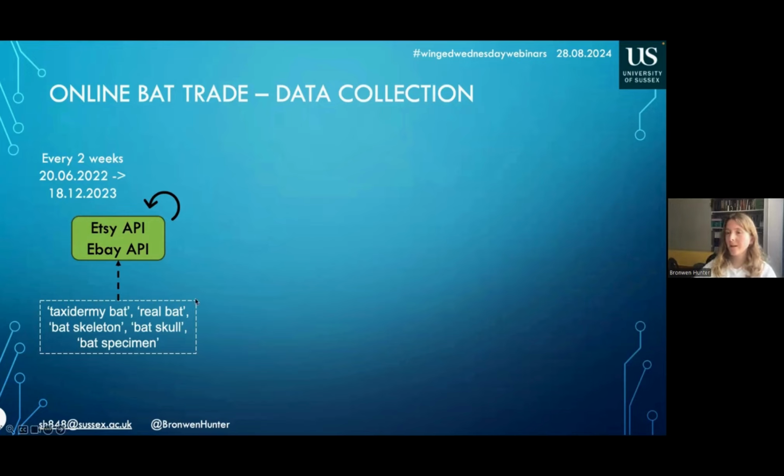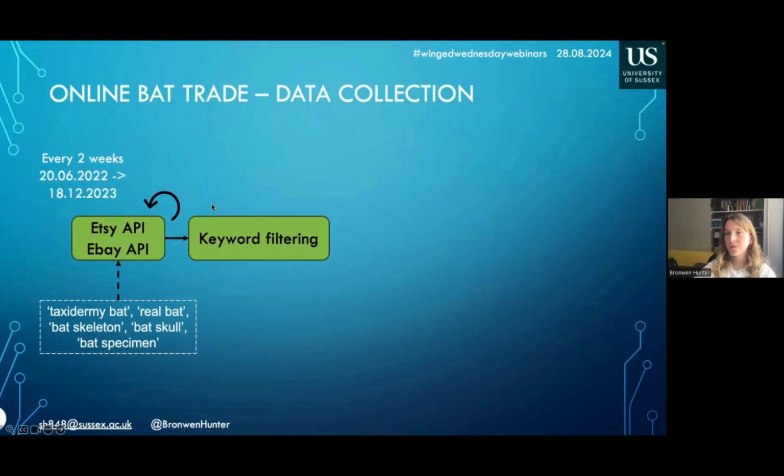To do this, I developed a command line application. So that's like a Python script that can be run automatically at regular intervals. And this allowed us to do this data collection over quite a long time period passively. And it just kept on running over that time period. The code to do this is available on my GitHub, which I'll link at the end as well, if anyone's interested in using it.